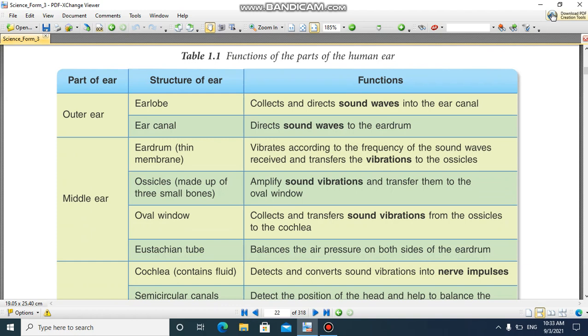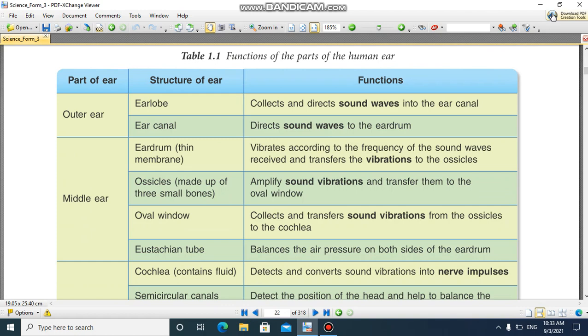The outer ear has the structures of earlobe and ear canal. The earlobe collects and directs sound waves into the ear canal. The ear canal directs sound waves to the eardrum.